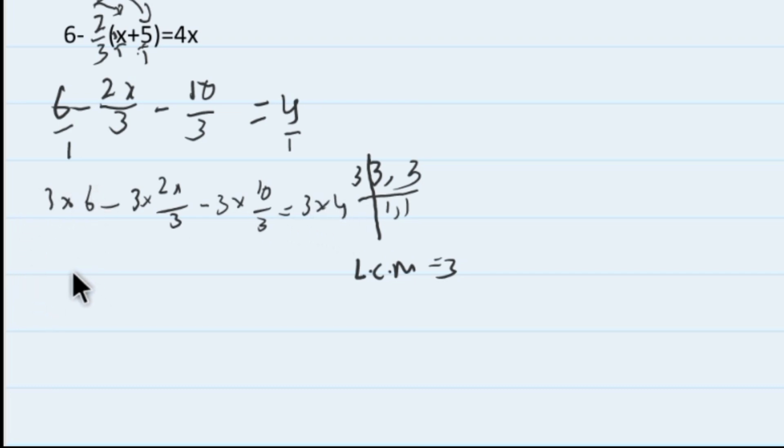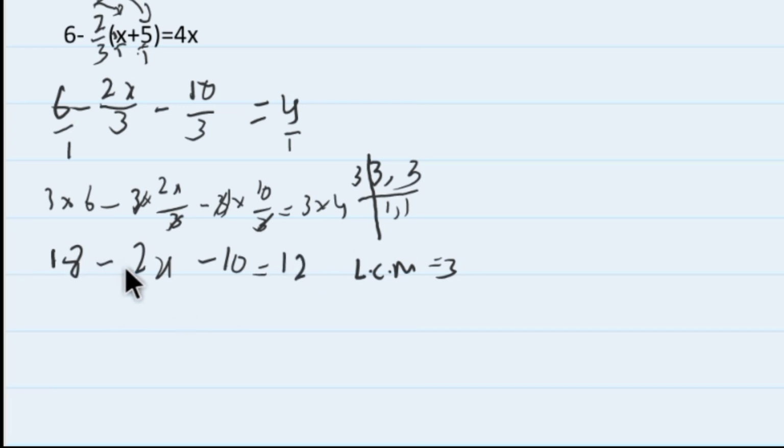So 3 times 6 is 18. These 3 and 3 cancel out, so we are left with 2x, and again these 3s cancel out, so we are left with minus 10, and 3 times 4 is 12x.